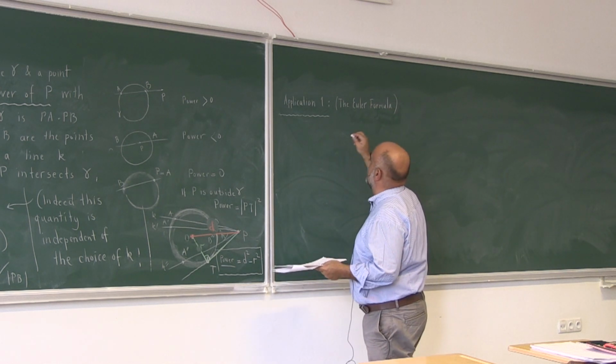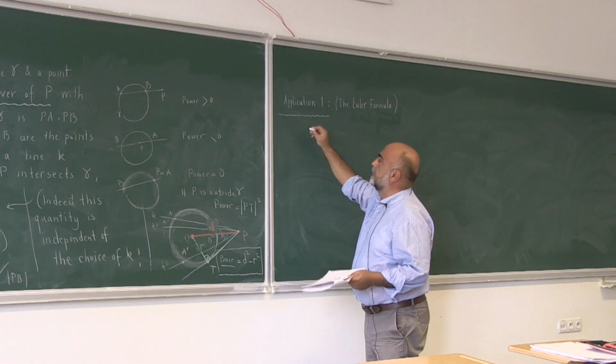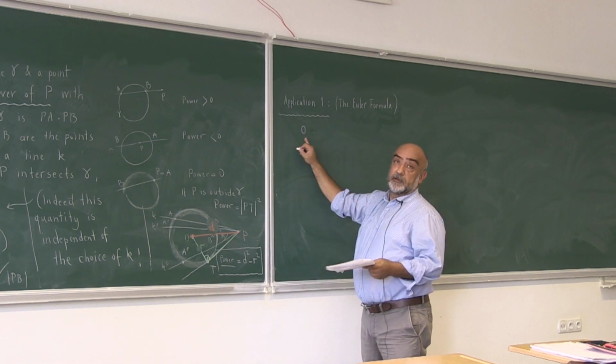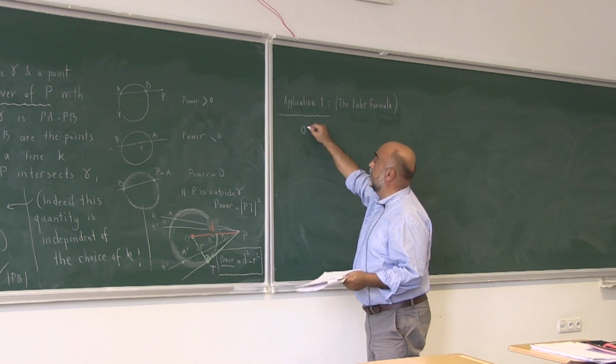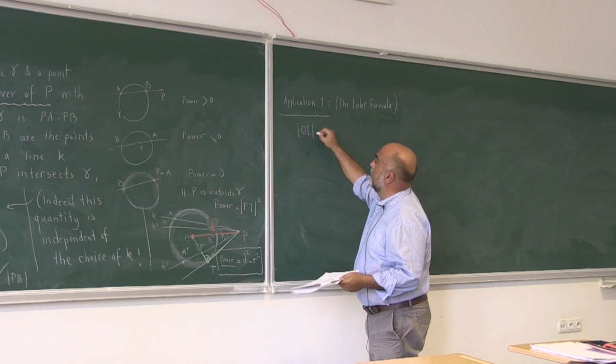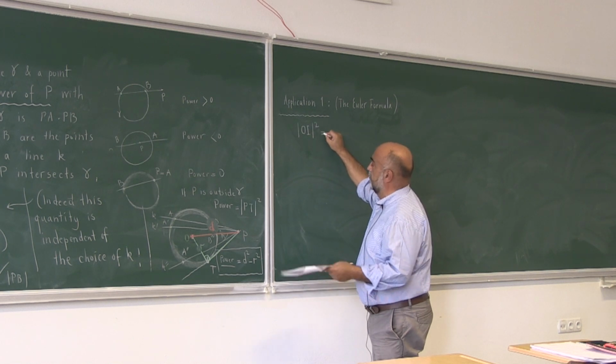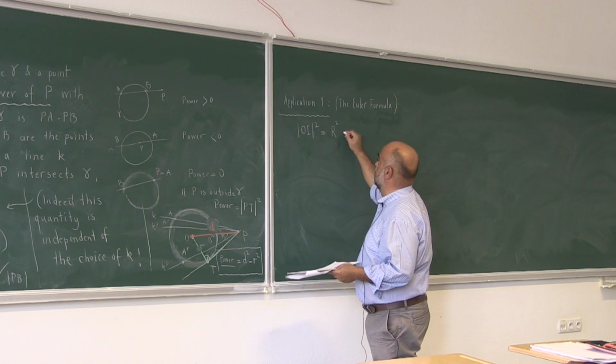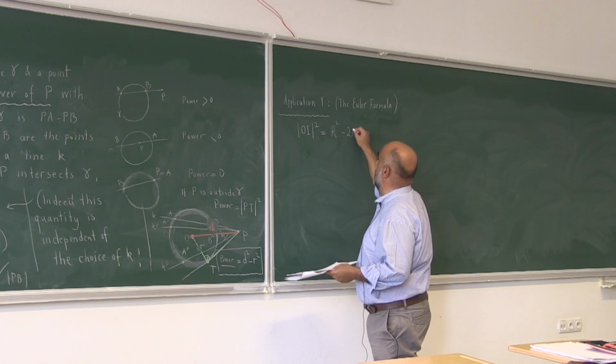It simply says that if you take the distance between, in a triangle, the circumcenter and the incenter, the square of this distance is in fact R squared, the circumradius squared, minus 2Rr.